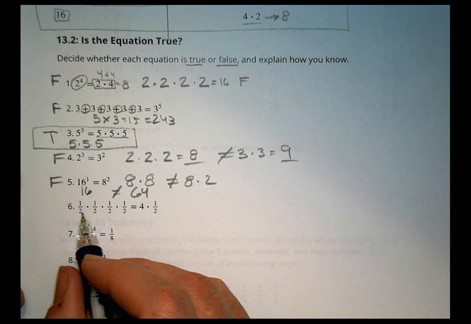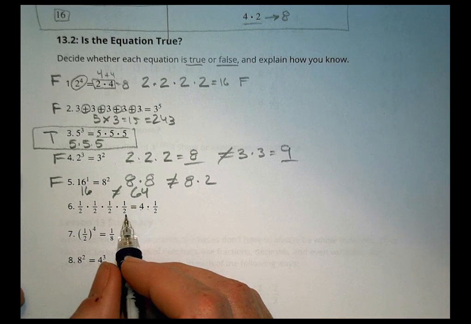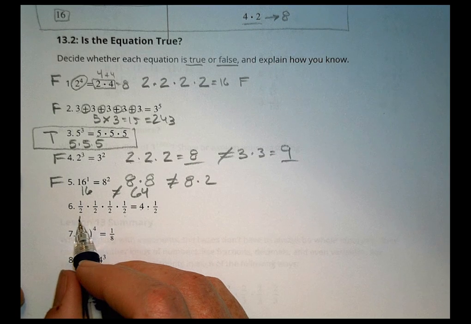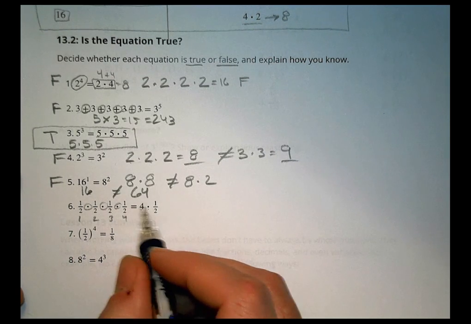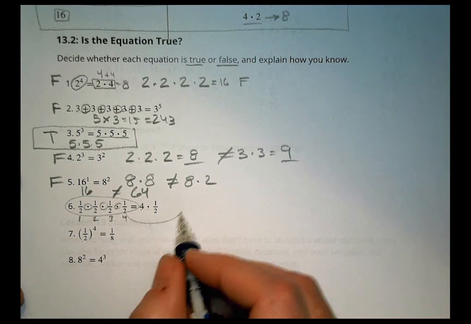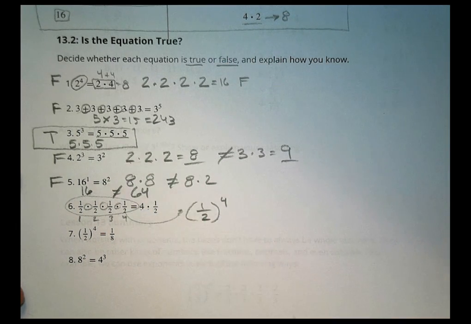On this one, we have halves, and here we have 4 groups of a half. In a sense, yeah, I can see the halves 4 times. 1, 2, 3, 4. But I'm multiplying them together, which means this expression right here is actually a half to the 4th power.